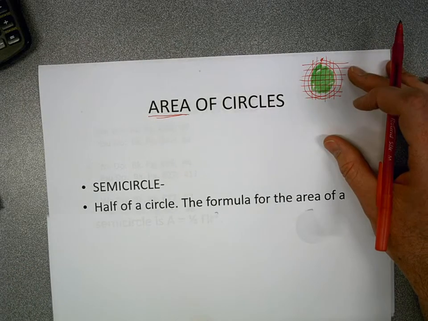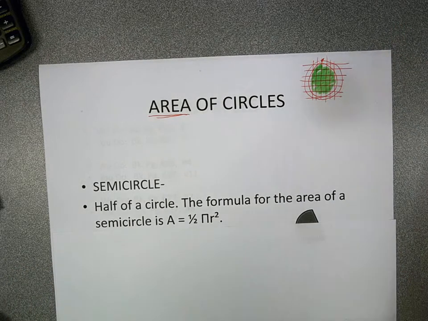Semicircle. Here's what your book says a semicircle is: half of a circle. It says the formula for the area of a semicircle is area equals 1/2 pi r squared. We'll talk more about that in a bit. You can use that, but I'll show you a different way of doing it, which probably many of you will like, but either way works.